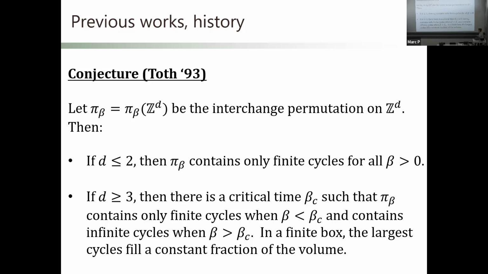Okay, so why should you expect a different behavior in dimensions 1 and 2 and dimensions 3 and higher? Well, let's think about the cycle that contains the origin. The origin gets mapped to some vertex, which gets mapped to some other vertex, and so on. And you could say, well, maybe this is a bit like a random walk.